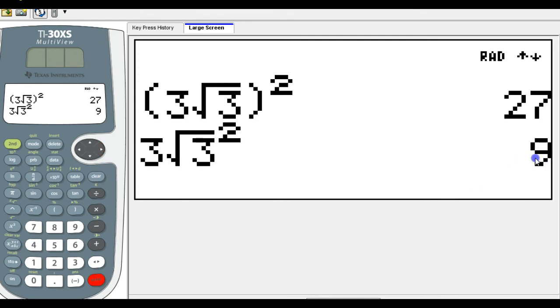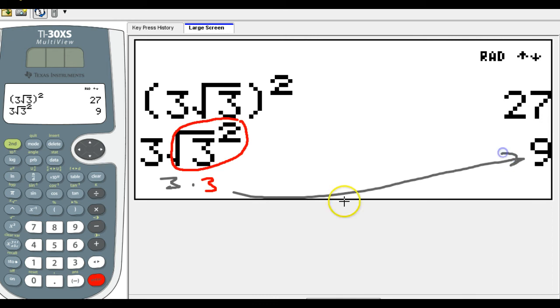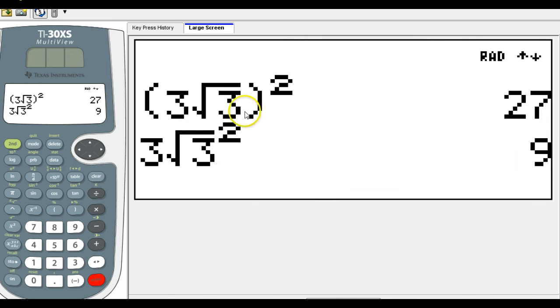Okay, so this would be wrong. And the reason is when you do this without parentheses, you really are only squaring the radical 3. So radical 3 squared is just 3, and then you're just multiplying 3 times 3. So that's why you're getting 9. Anyway, use parentheses.